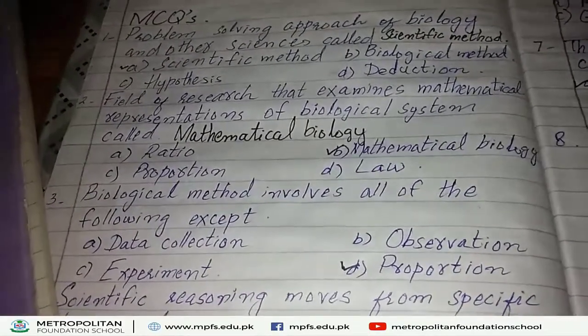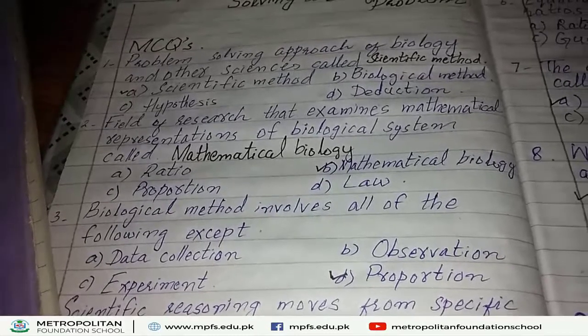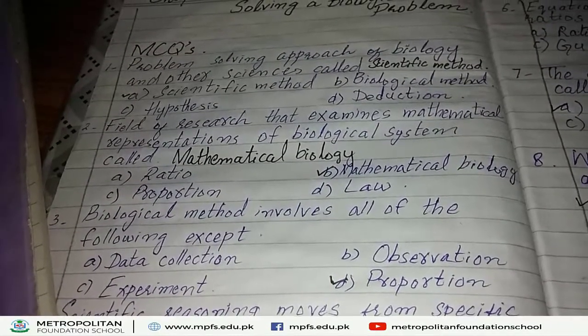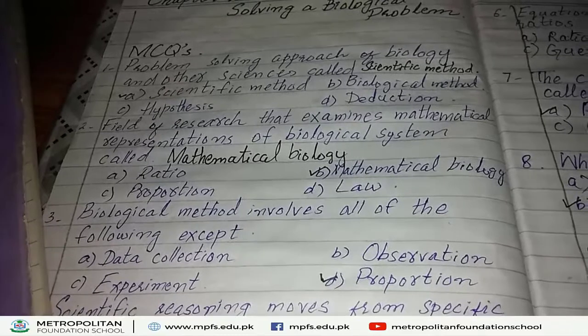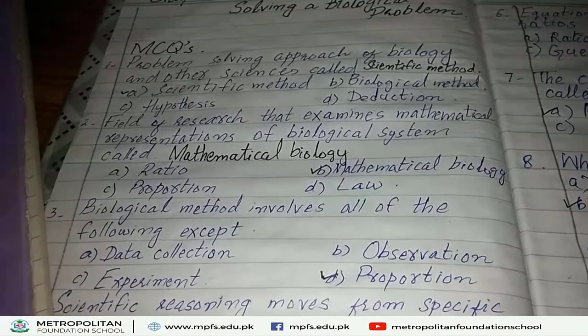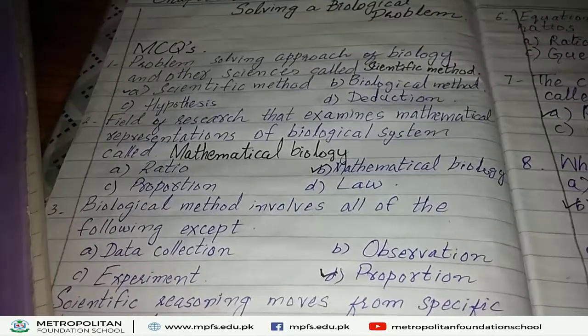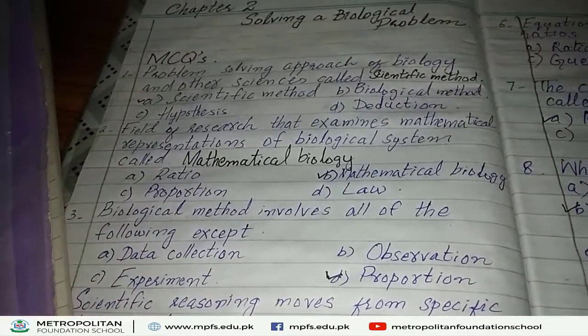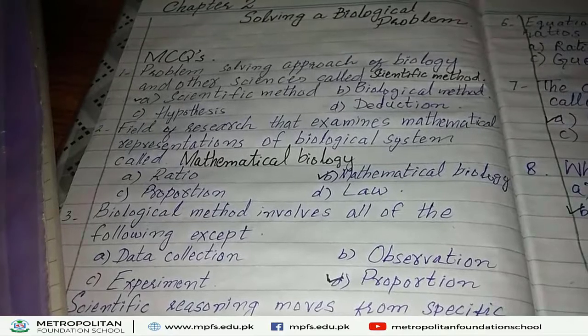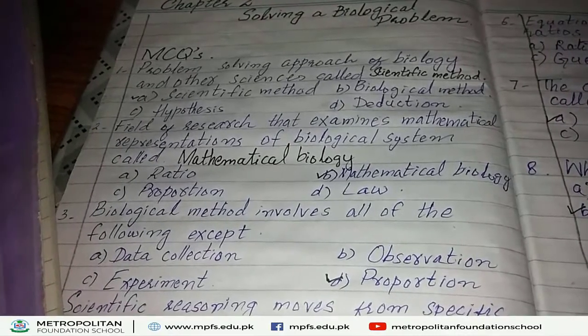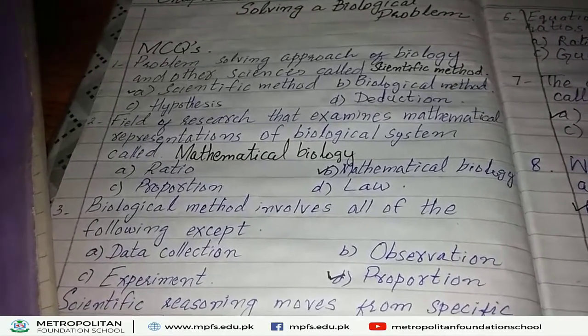MCQ number 3. Biological method involves all of the following except. Students, you should know biological method consists of different steps. But in these options, only one is unnecessary.